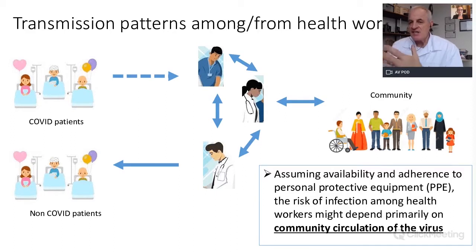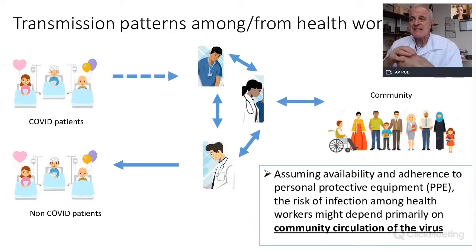And if hand hygiene is not respected, if the material that was supposed to be used is not used, the healthcare worker can actually be sick himself or herself or transmit the disease to the next in line, which would be a non-COVID patient to start with, and then will come a COVID patient.